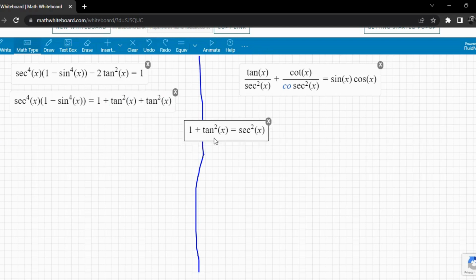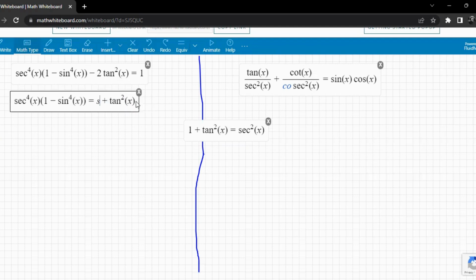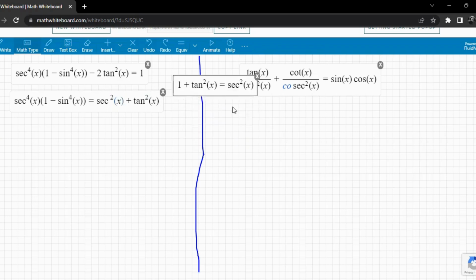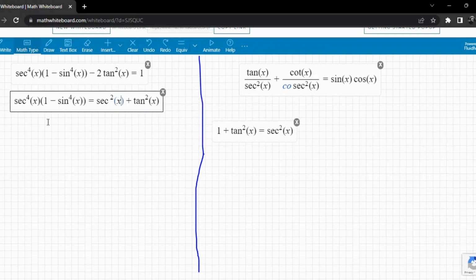So we can use this identity and rewrite this as secant square x. I'm just new to the software, so I don't know much. So we can simplify it down to just this much. Let's keep this over here. It'll come in handy later on.